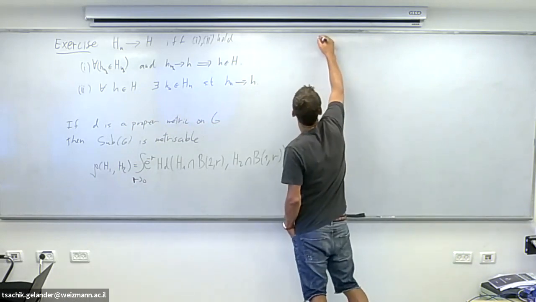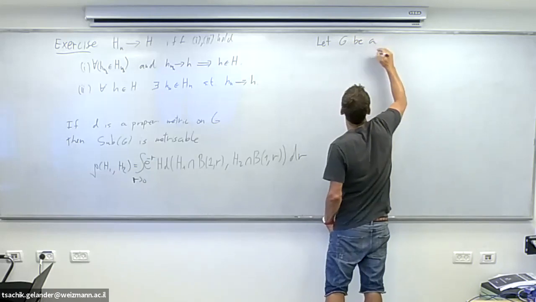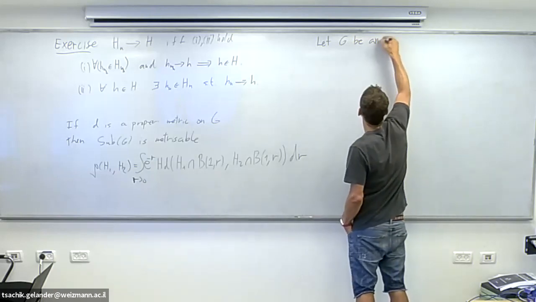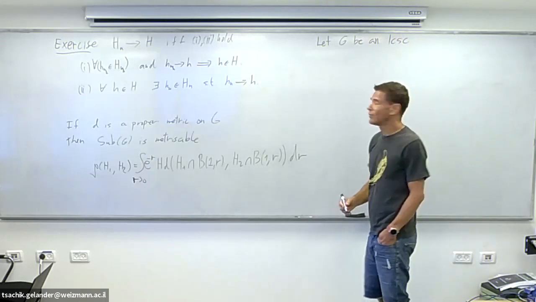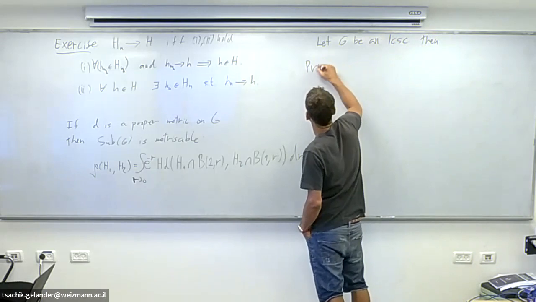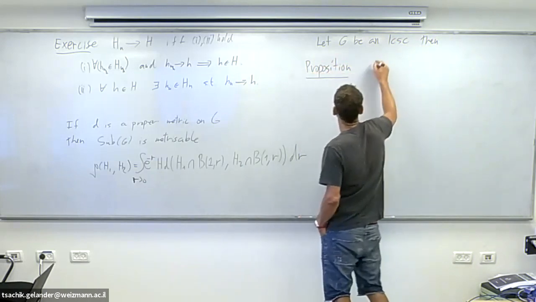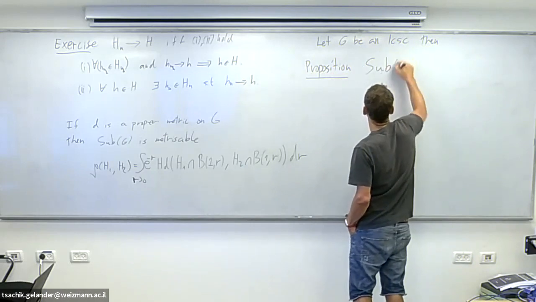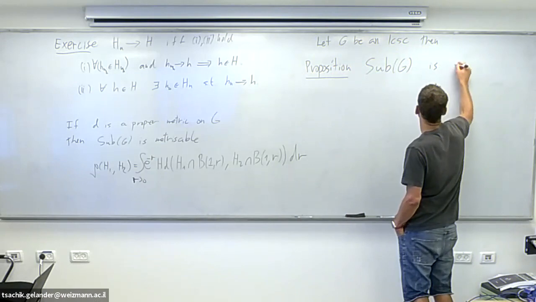So for us, let G be an LCSC group, a locally compact second countable group. Then we have a proposition: the space of closed subgroups, with the Chabauty topology, is compact.